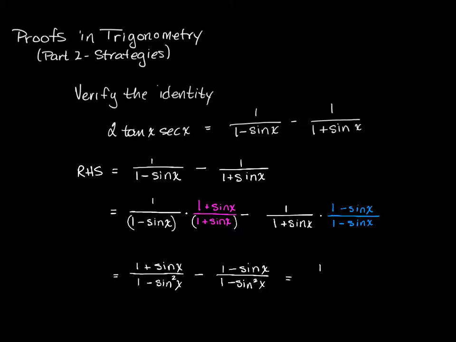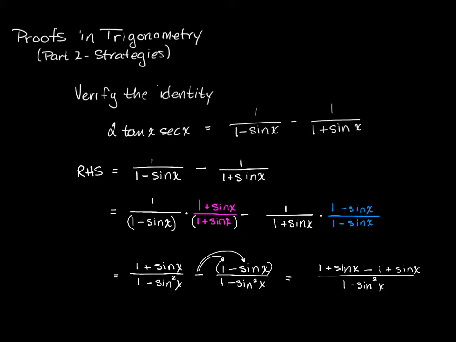I have 1 plus the sine of x minus, notice here I need to distribute my minus. So I have minus 1 minus negative, or plus, the sine of x, and that's all over 1 minus sine squared of x.